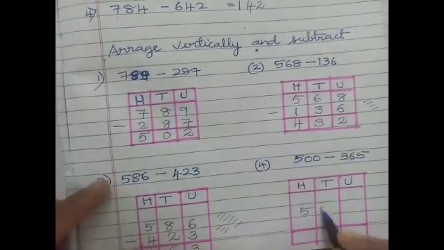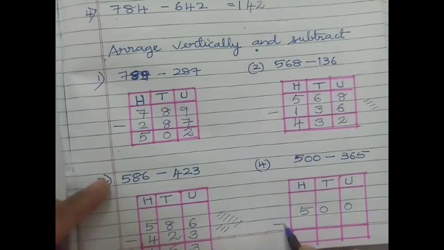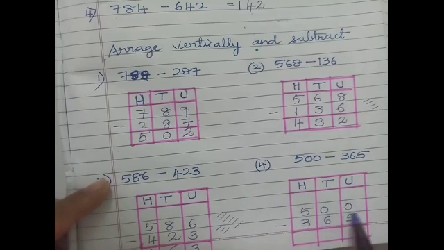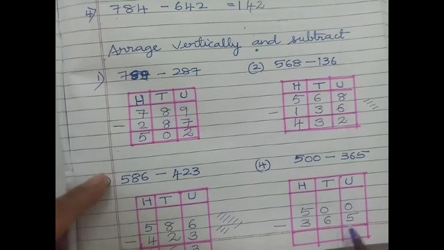Next, 500 minus 365. Now, look at this sum, children. Here in the units place you have 0, and here in this units place you have 5.